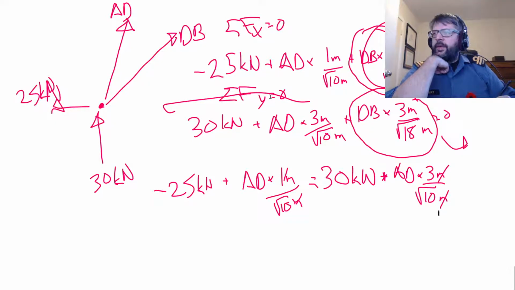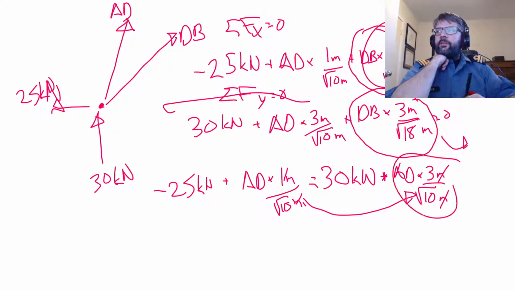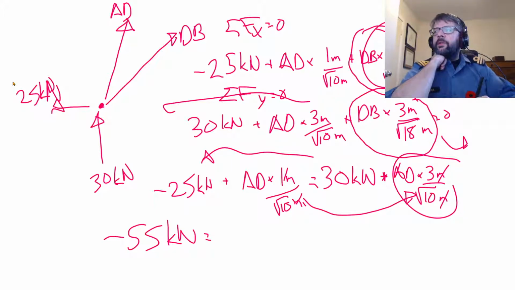From there, it's not too bad to solve for what AD is. If we subtract AD times 1 over root 10 from each side, this term becomes a 2 over root 10. Then subtract 30 kilonewtons from each side. We're left with negative 55 kilonewtons is equal to AD times 2 over root 10.